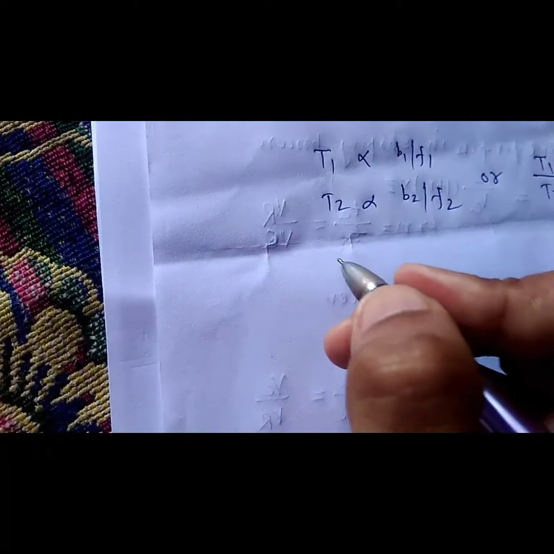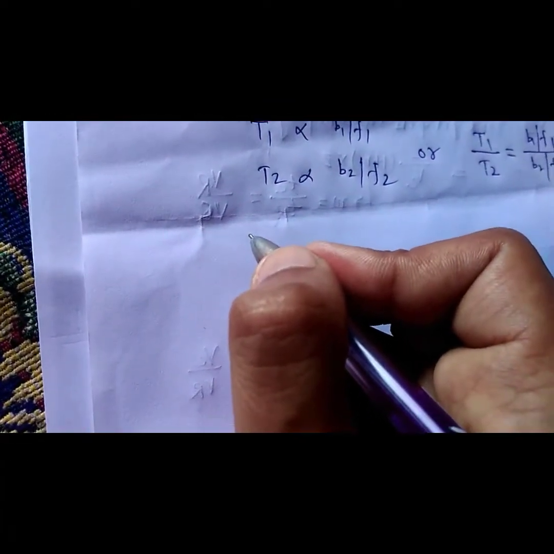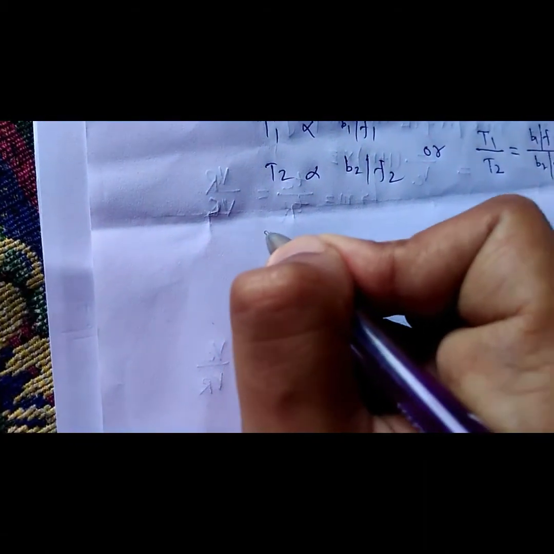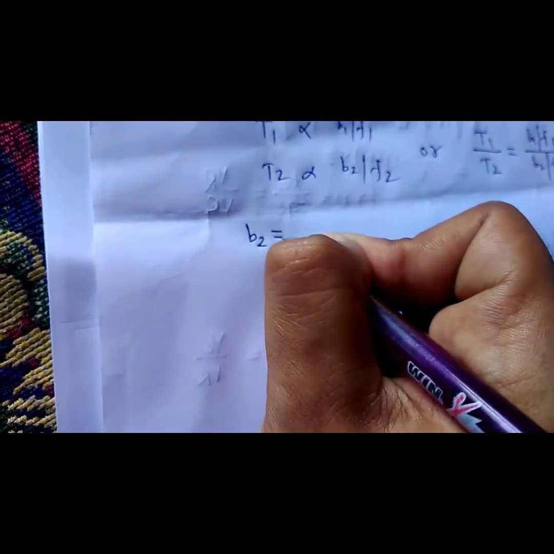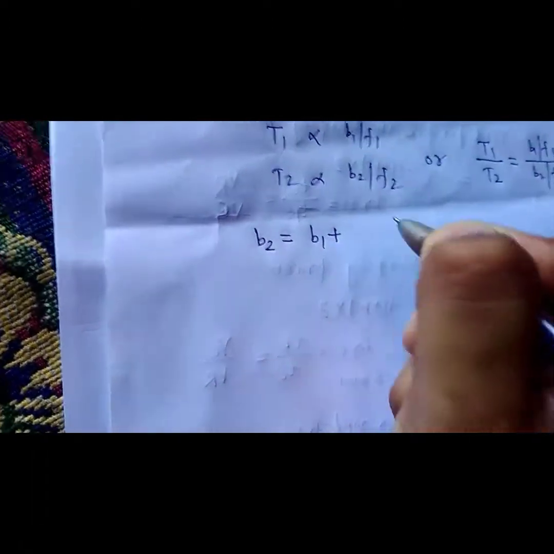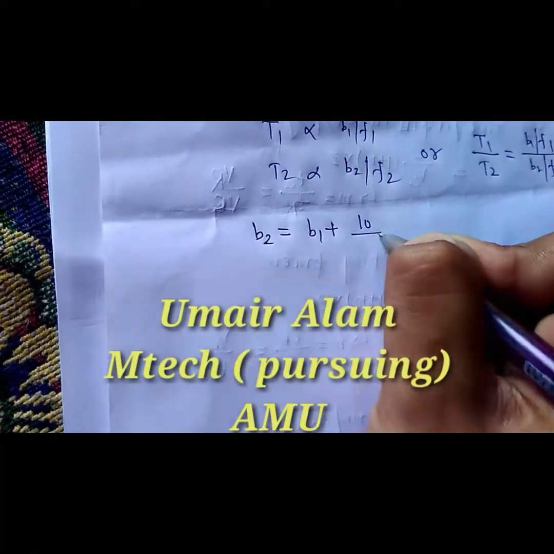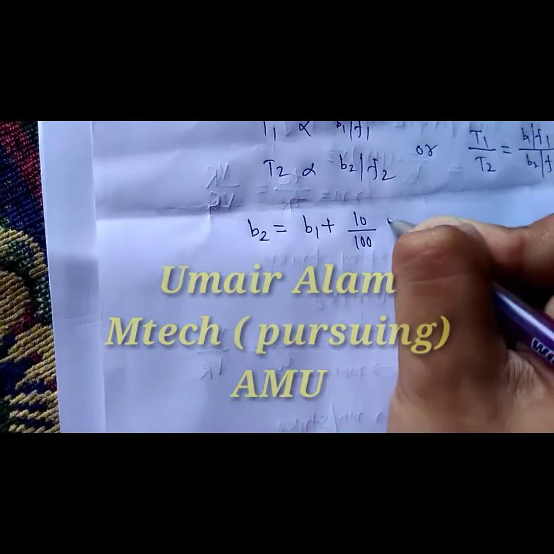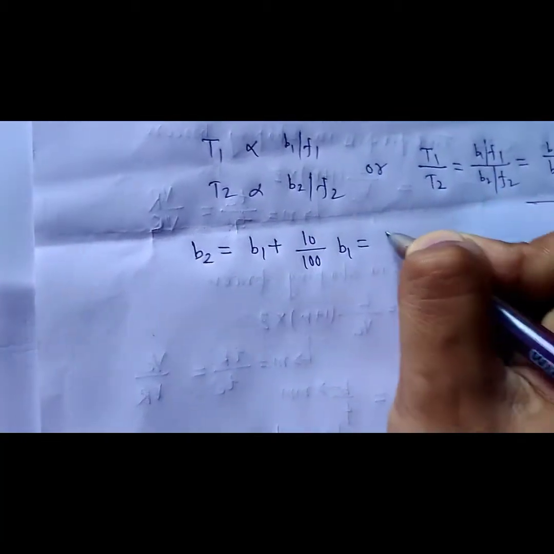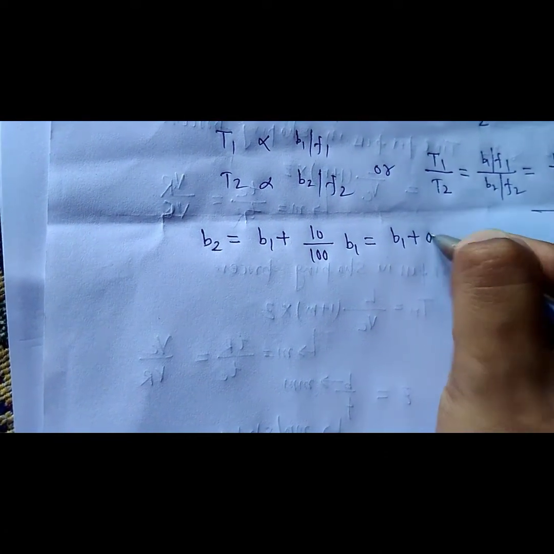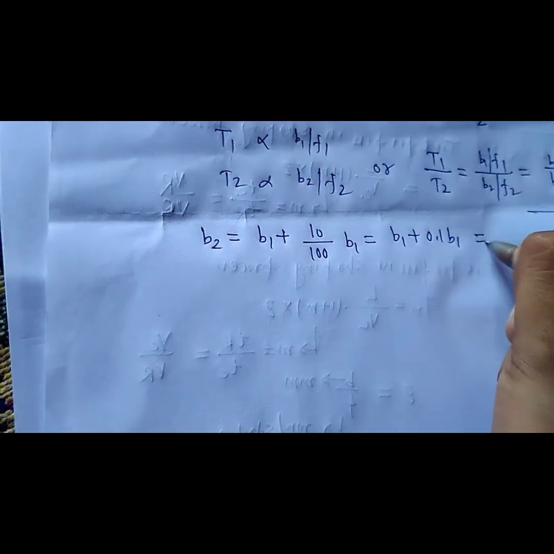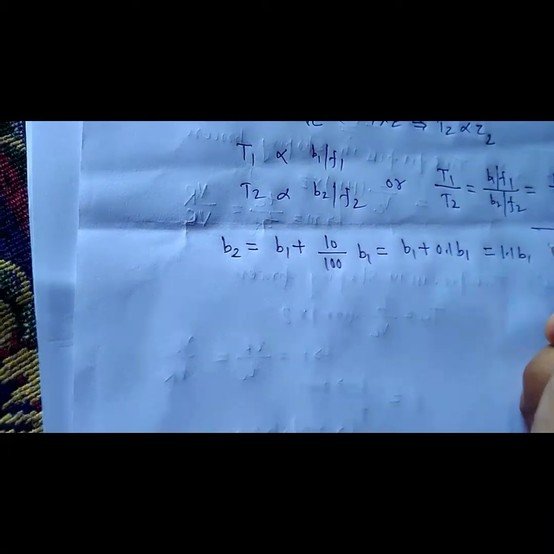Now the width B2 is increased by 10%, so we can write B2 equal to B1 plus 10%. 10% means 10 upon 100 into B1. It will be equal to B1 plus 0.1 B1, or it will be equal to 1.1 B1.